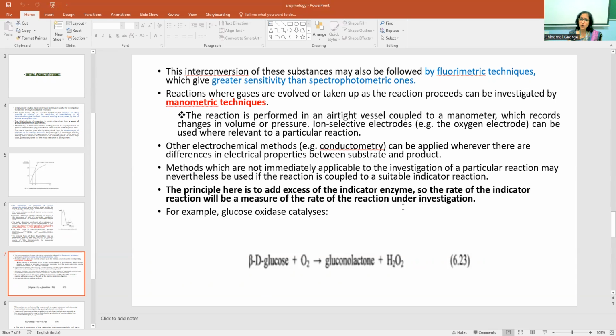So the methods which are not immediately applicable to the investigation of a particular reaction may nevertheless be used if the reaction is coupled to a suitable indicator reaction. Okay, so the principle here is to add excess of the indicator enzyme, so the rate of the indicator reaction will be a measure of the rate of the reaction under investigation. For example, glucose oxidase catalyzes the reaction, that is D-glucose plus oxygen gives gluconolactone, and H2O2 is produced.